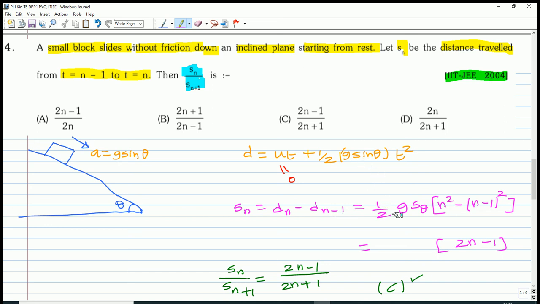So that will give half g sine theta into n square minus n minus 1 square. So n square will cancel, so we'll get 2n minus 1. So this is the distance travelled in the nth second. So for Sn plus 1, which is the distance travelled in the n plus 1 second, we have to replace n by n plus 1. So that will become 2n plus 2 minus 1, which is 2n plus 1. So the ratio of Sn divided by Sn plus 1 is 2n minus 1 divided by 2n plus 1. So the correct option is option C.